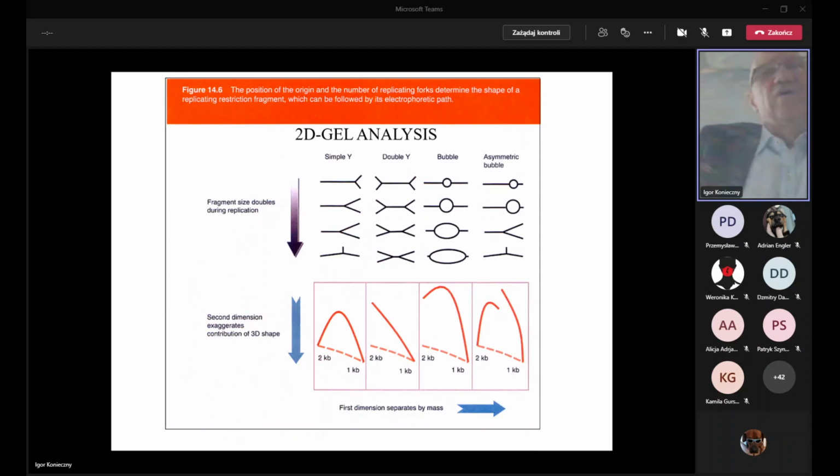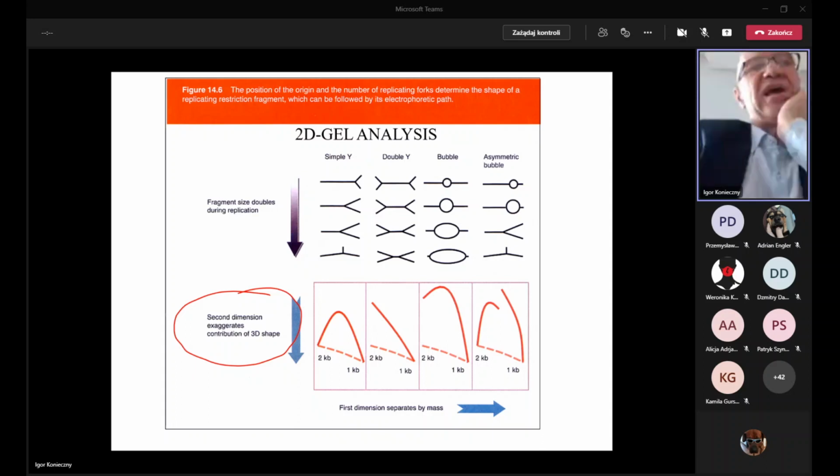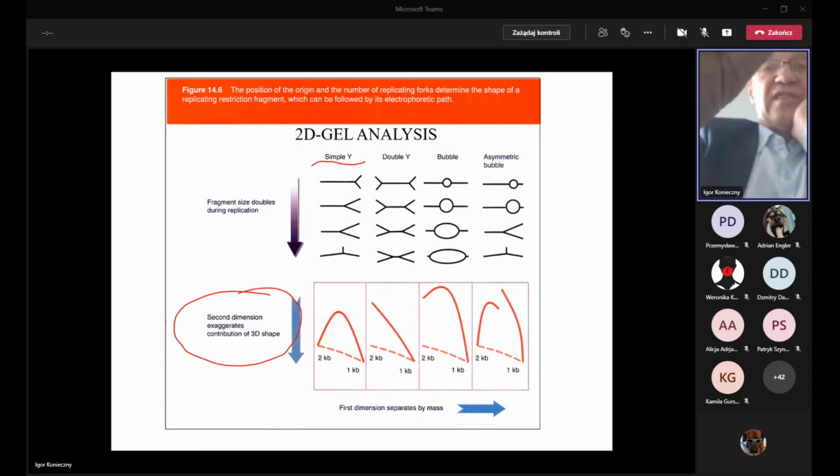And then you can do the second dimension. It exaggerates the contribution of the 3D shape, and depending on the shape, we will have simple Ys, where the big one would be there, and then you have this kind of slope.